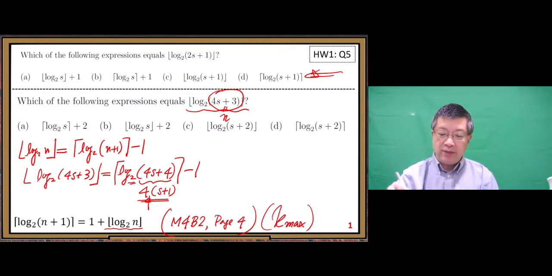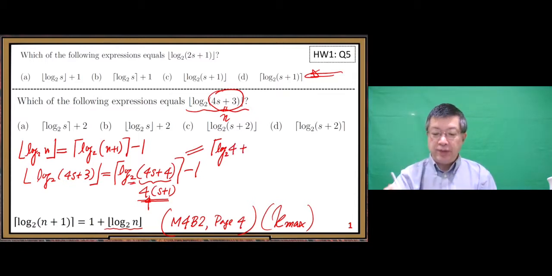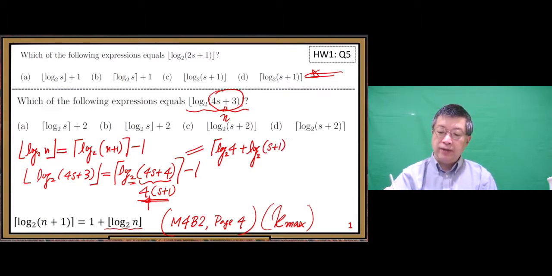So we have a property we can use, right? The log of a multiplication: log base 2 of 4 plus log base 2 of s plus 1, minus 1, all right? That basic property, everyone should know it.